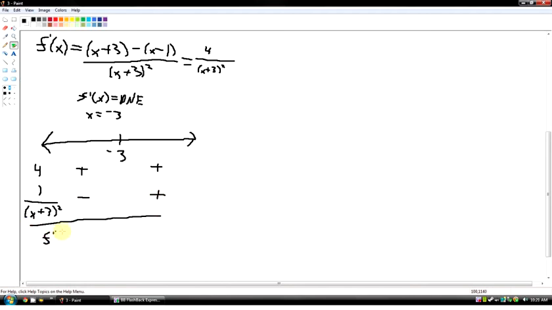We find that f prime is decreasing before negative 3 and increasing after negative 3.